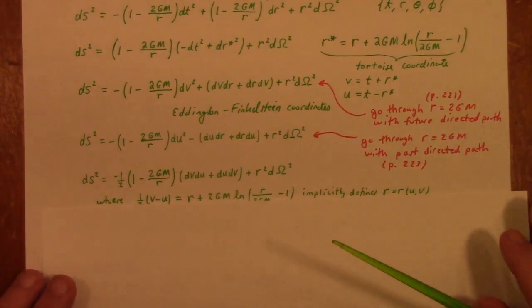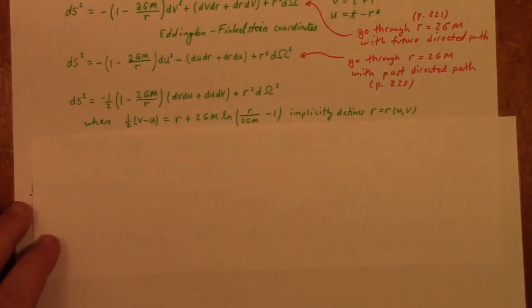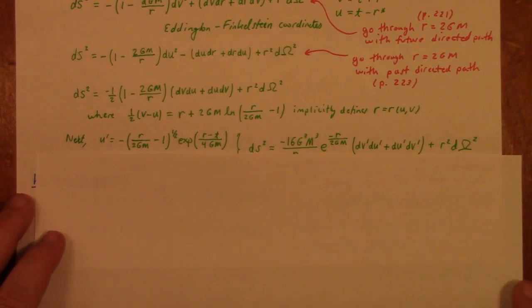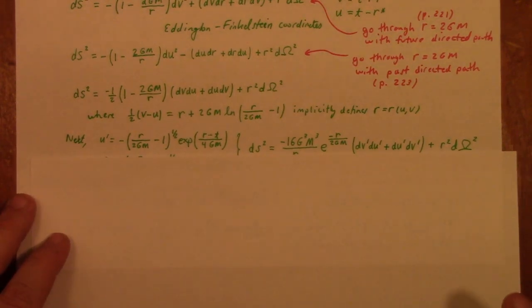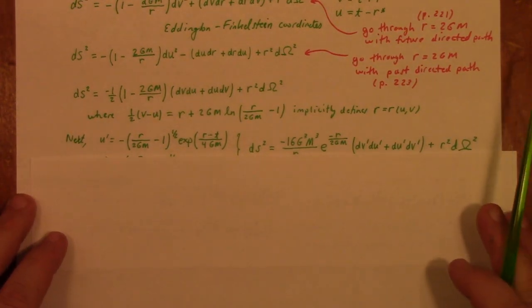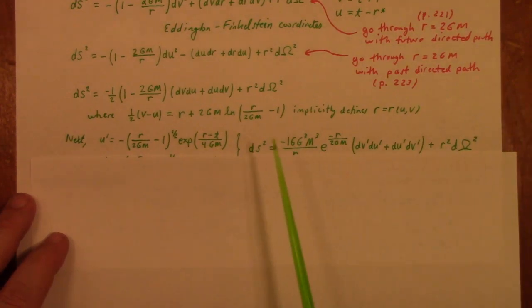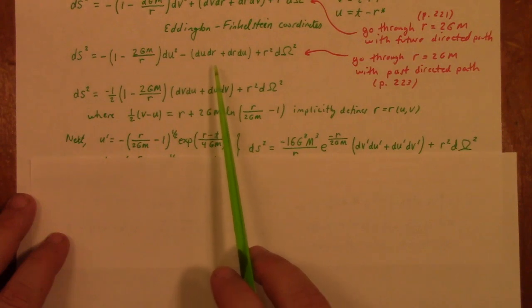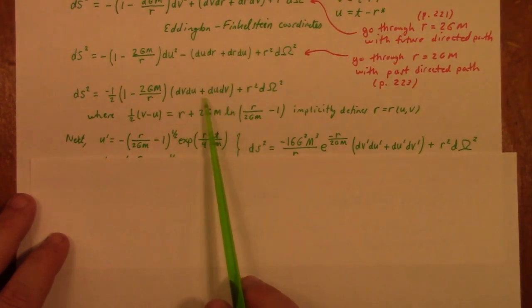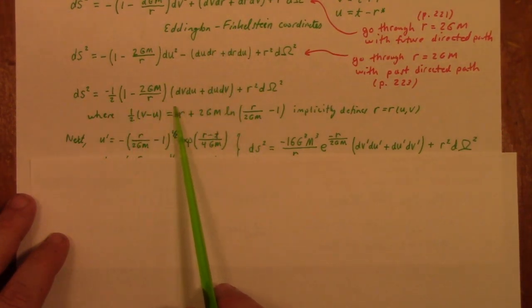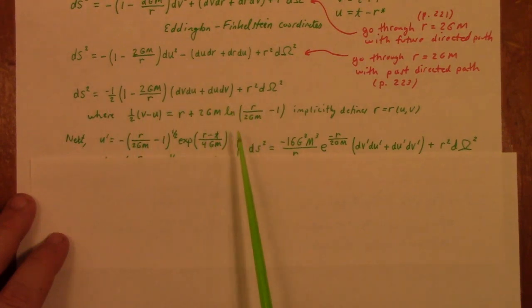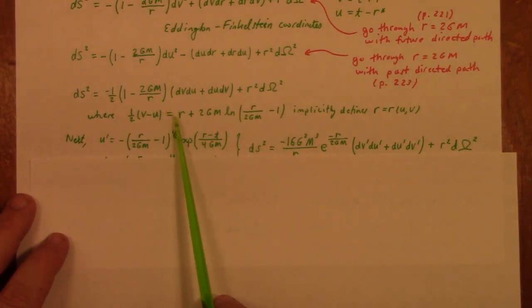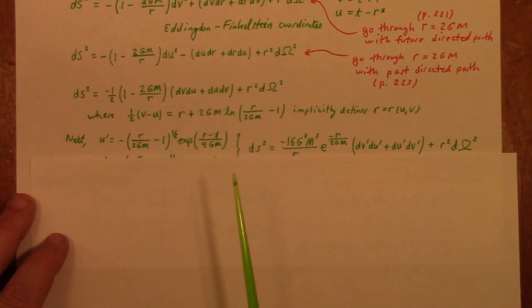All right, and then next we introduce the... I don't even have a name for these. Well, the other thing you could do would be, instead of using v and r or u and r, you could just use u and v. And if you use u and v, this is what the metric looks like, where here r is implicitly defined by this lovely equation.